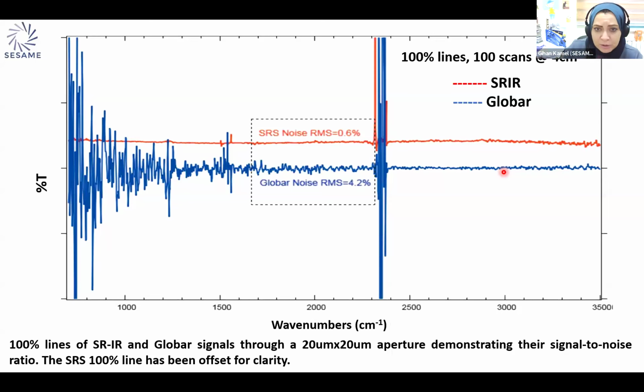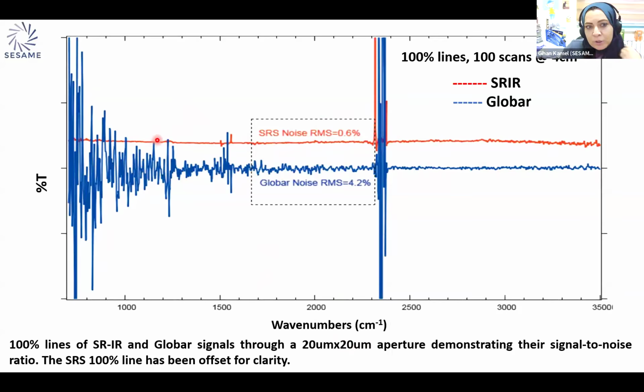But the red one here is the noise level for the synchrotron IR, which is 0.6%. Of course, these numbers are not fixed. It depends on the test, the signal, the aperture, the current, and so on. So if you look at the blue one, which is full of noise, and you look at the red one here, this is the synchrotron.